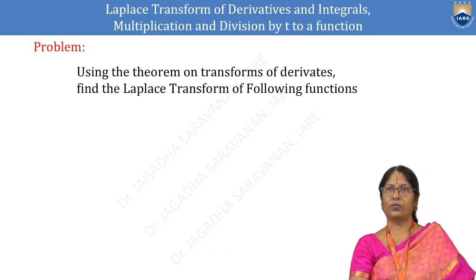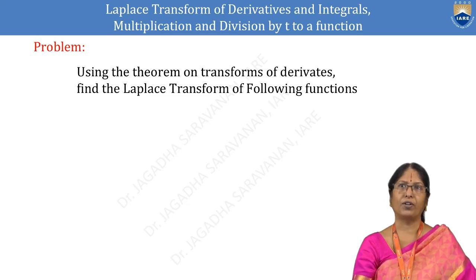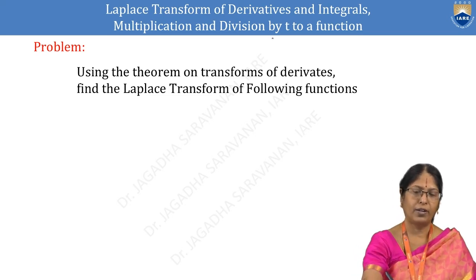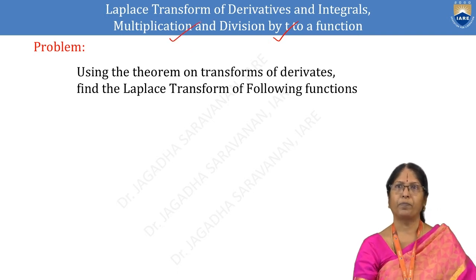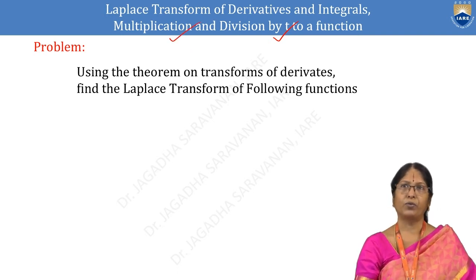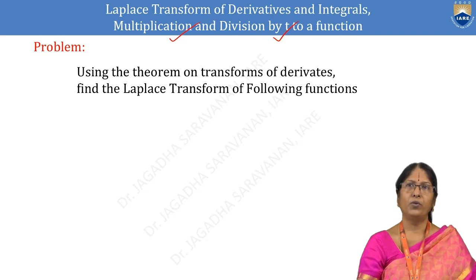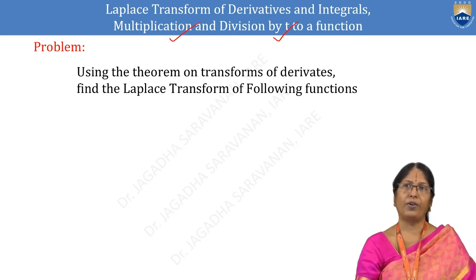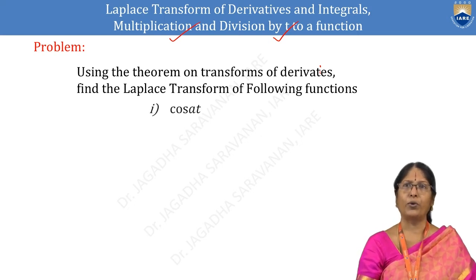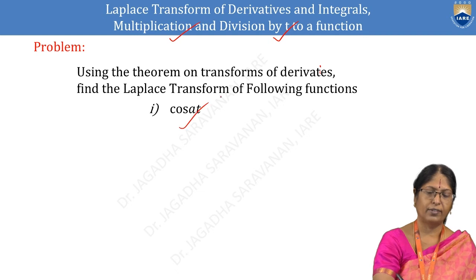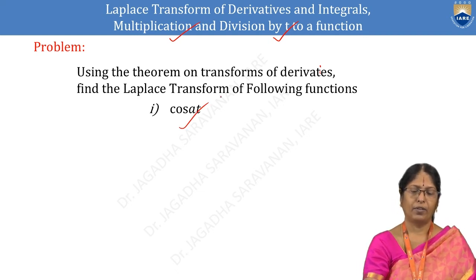So far we have concentrated on when the function is multiplied by t or divided by t; both we completed. Now we will concentrate on derivatives, using the theorem of transform of derivatives. Find the Laplace transform of the following function, that is cos at.